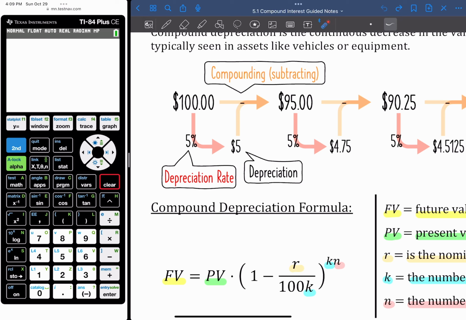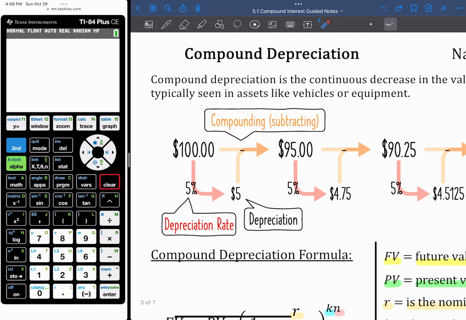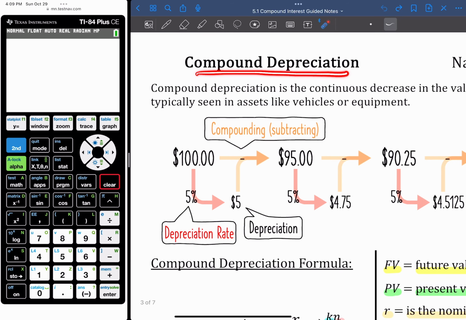So compound depreciation is the same idea as compound interest, but instead of addition, it's subtracting. So if we say we bought an item for $100, say an equipment, and every year it decreases by 5%, that just means after the first year, the depreciation is going to be $5.